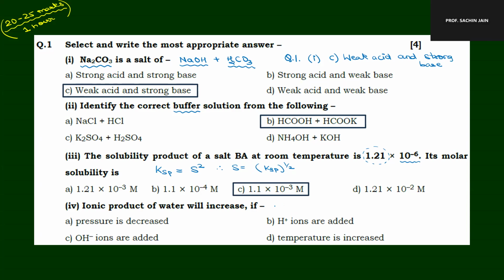So always recollect the concept before applying the actual answer. So it is an endothermic process where the equilibrium constant Kw in this case is directly proportional to temperature. So it will increase with increase in temperature, and the answer is option D. So this is how you are supposed to solve the MCQs and write it in this pattern only. Pattern समझना है आपको.